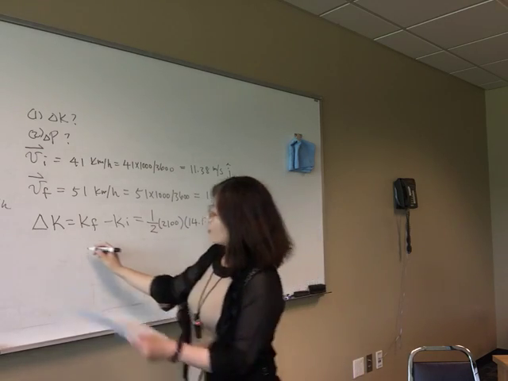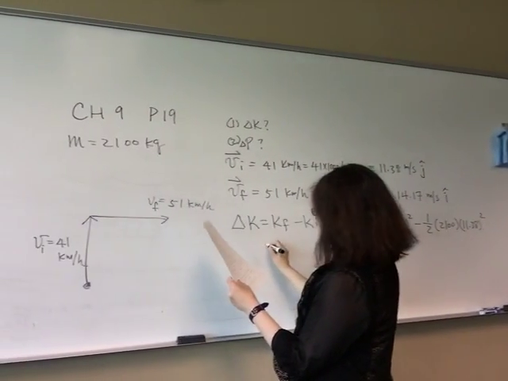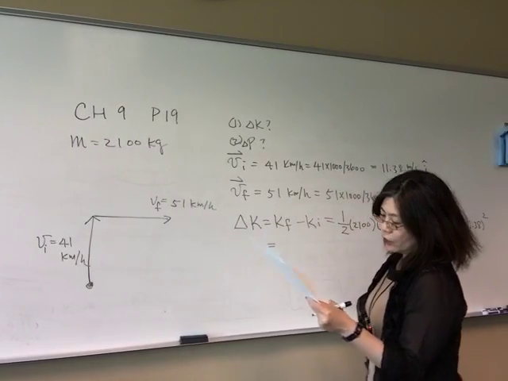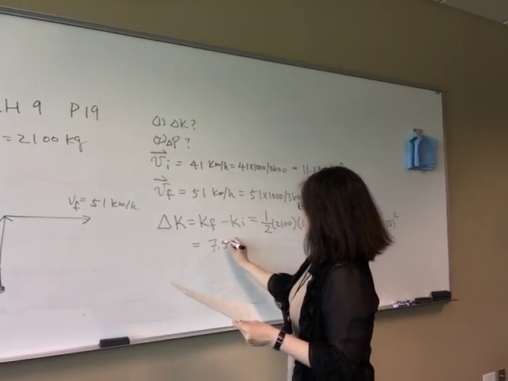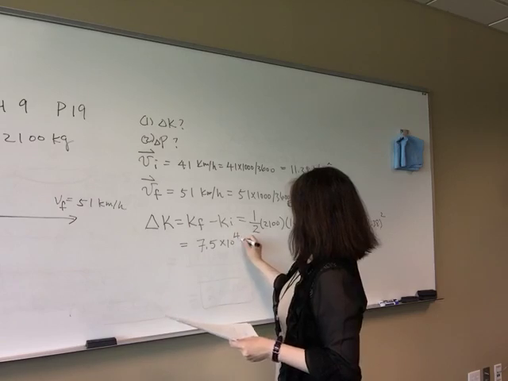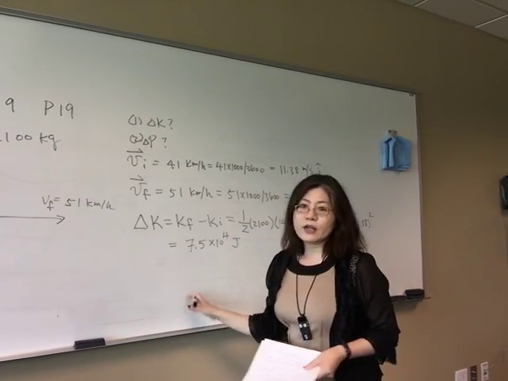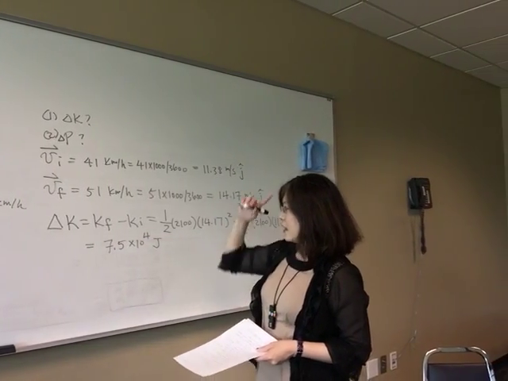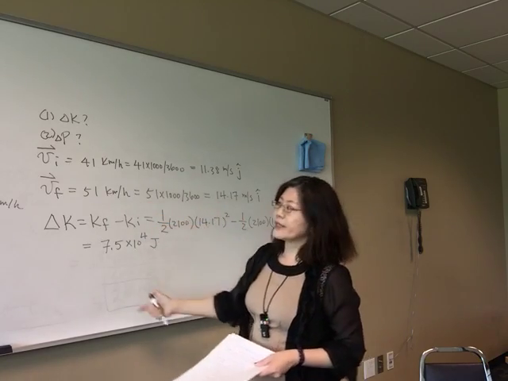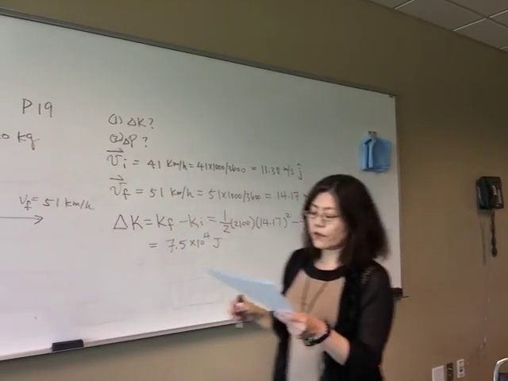After you do the calculation, you should get the change in kinetic energy is 7.5 times 10 to the 4th joules. You can see that the change in kinetic energy is positive. That's because the object is accelerating and reaches a higher velocity.